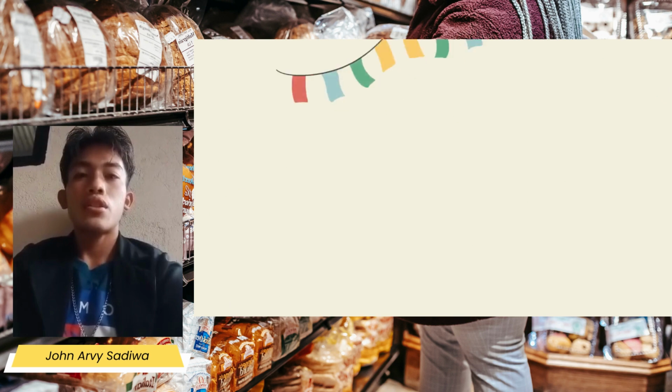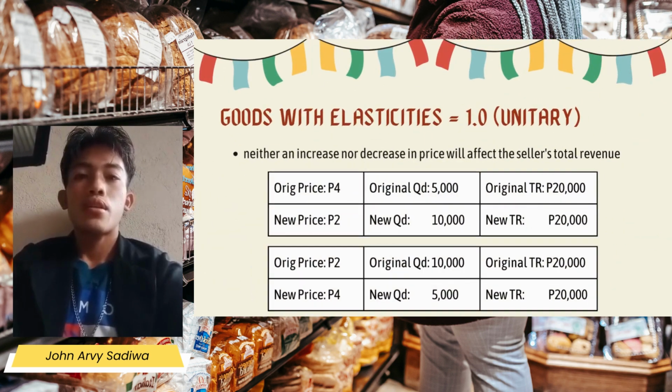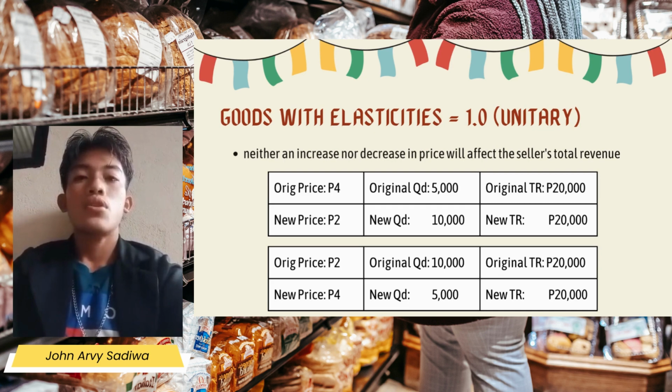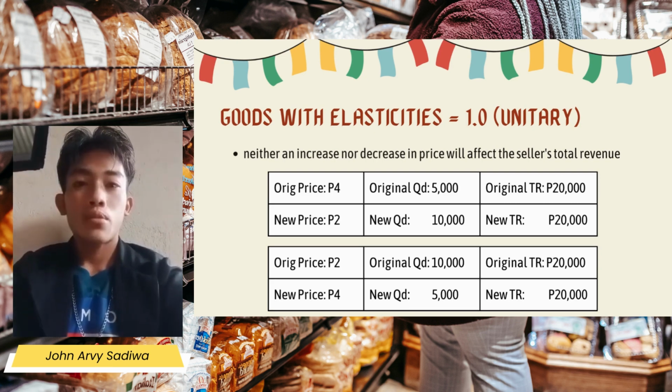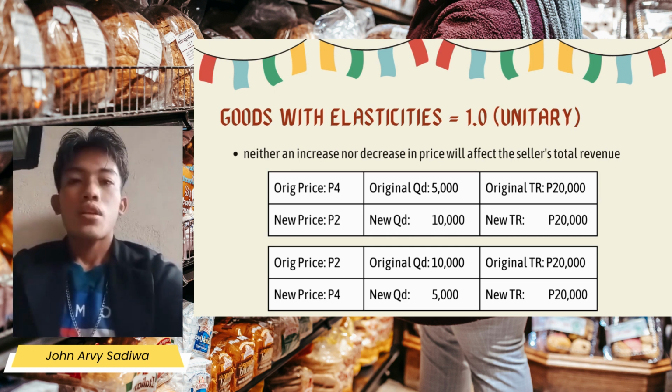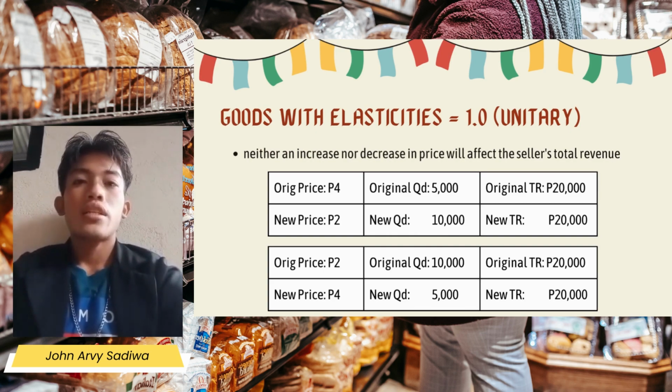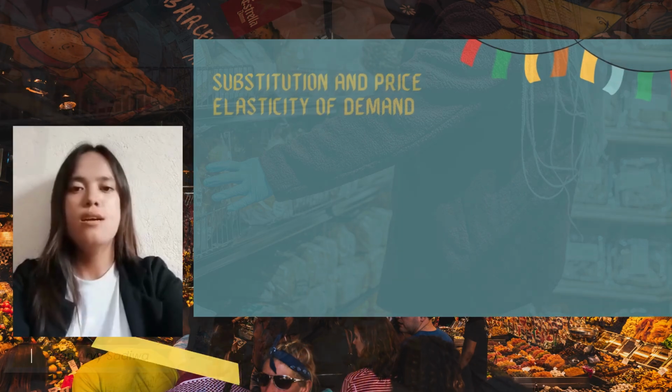Neither an increase nor a decrease in price will affect the seller's total revenue. Whether the price goes down or up, there is almost no change, because when the price decreases demand increases, and when the price increases demand decreases, so they stay the same. In reality, unitary elasticity does not happen. It is either elastic or inelastic.